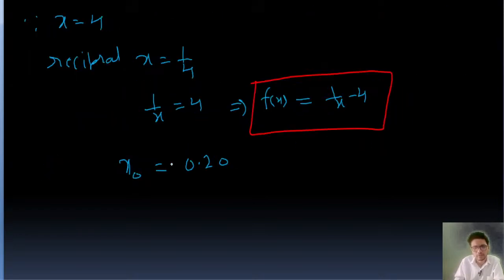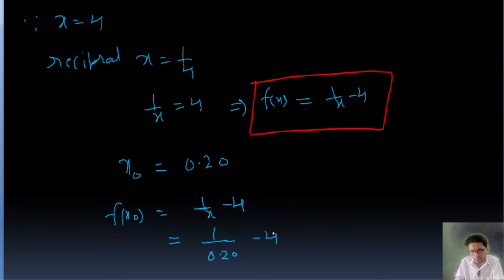So this is f(x), so f(x0) we can find from here. 1 upon x minus 4, that is 1 upon 0.20 minus 4.